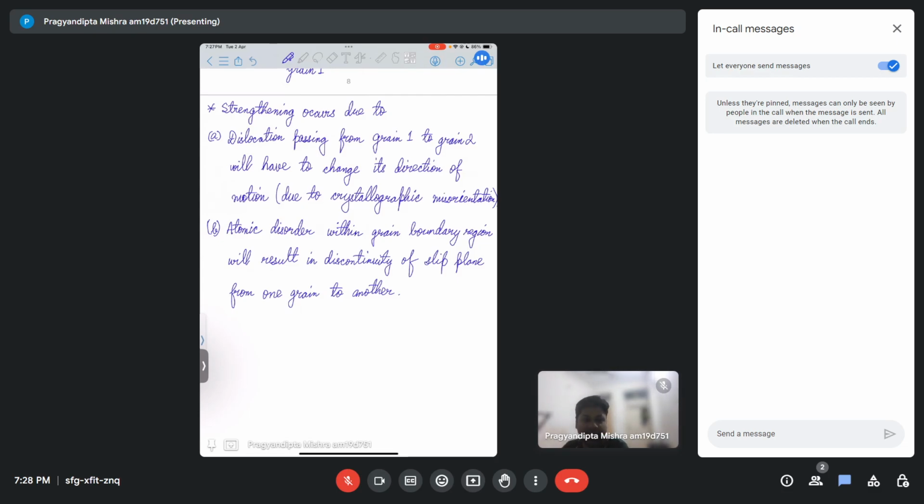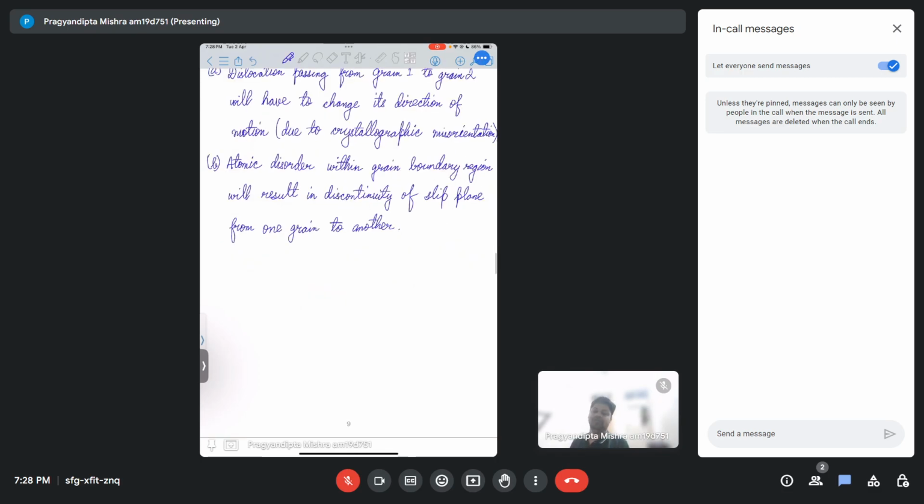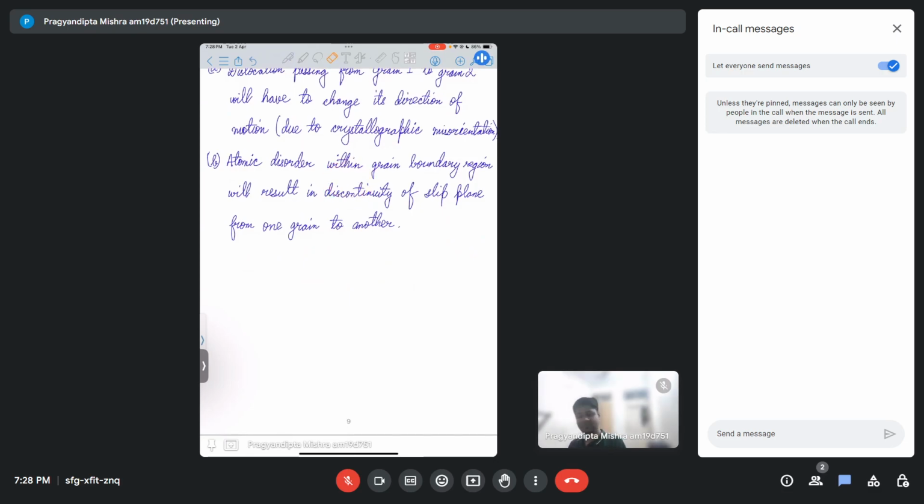Right. So at the grain boundary region, you will have some atomic disorder, which will not allow dislocations to pass through easily. Secondly, there is a change in angle due to orientation differences between grain 1 and grain 2. So the dislocation has to slip from one angle to the next angle and then suddenly move. That is probably not very easy for a dislocation to do. Okay. So due to this, you will see a pileup of dislocations at the grain boundary.